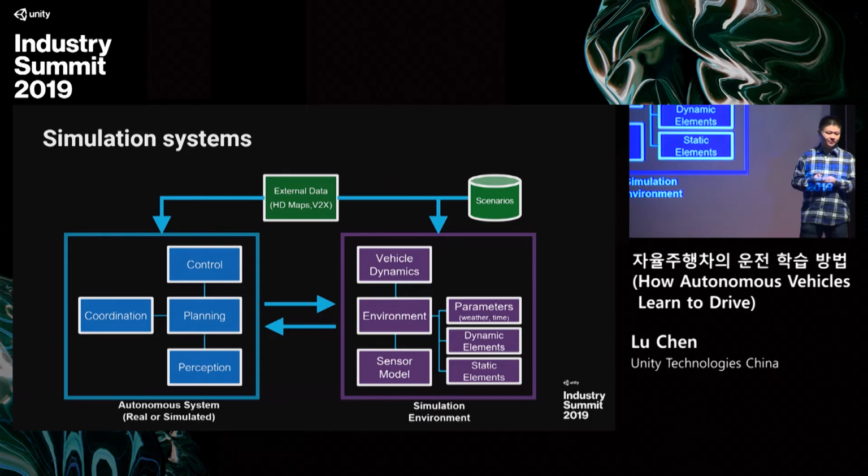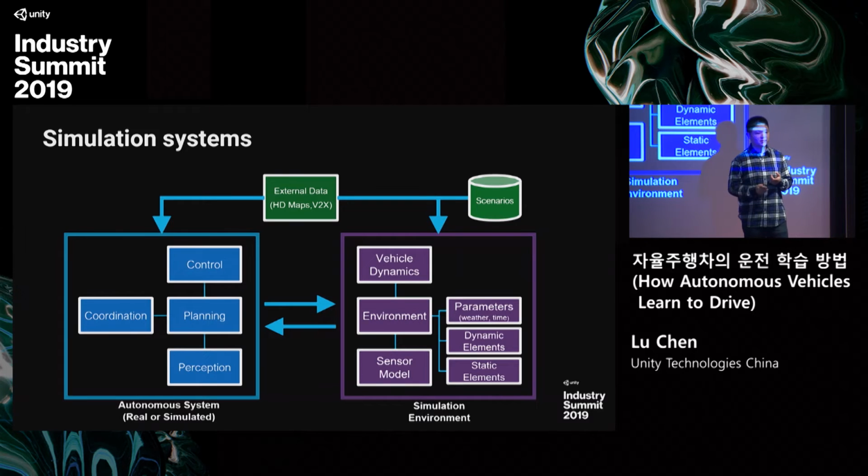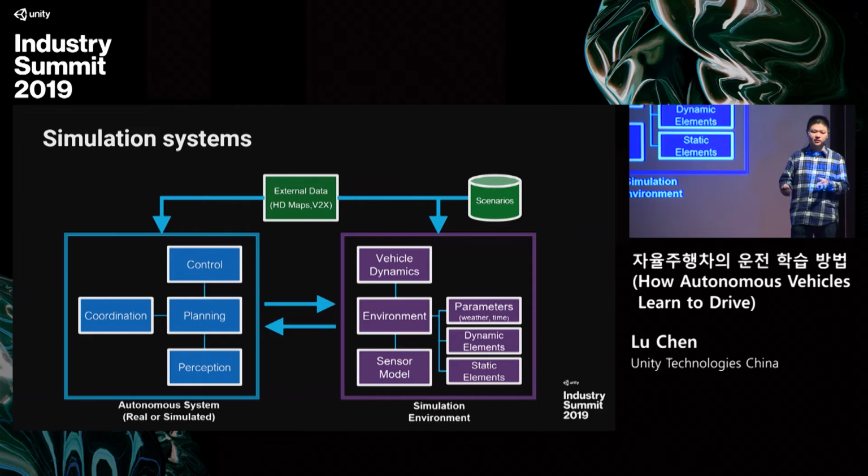In the simulation, you need to have an environment. Here, the environment includes the static elements, the dynamic elements, and also the global parameters to adjust the time and the weather. Once you have the environment, you can generate different scenarios.